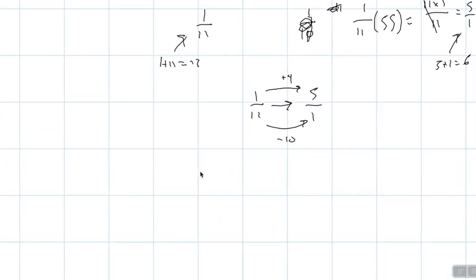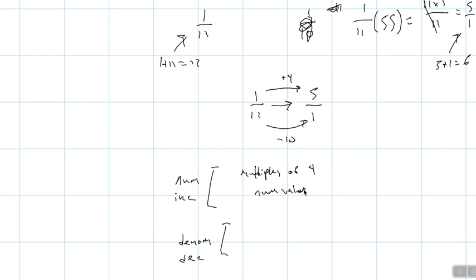Using the same table, the numerator increases in multiples of 4. When the numerator is 1, it increases by a multiple of 4. When it's 2, it increases by 8, 12, and so on.